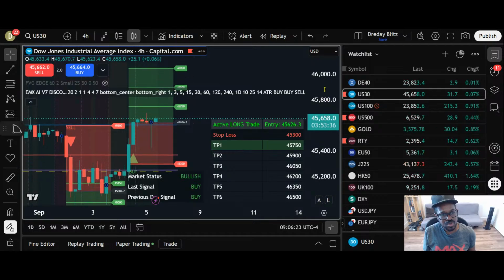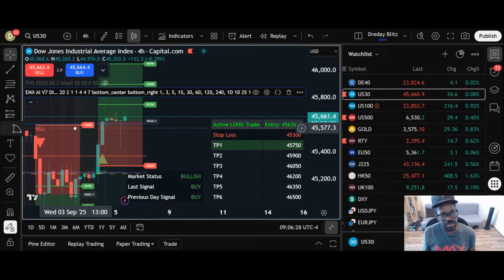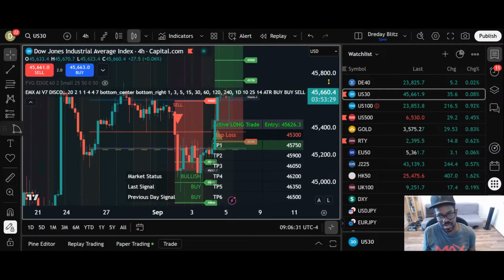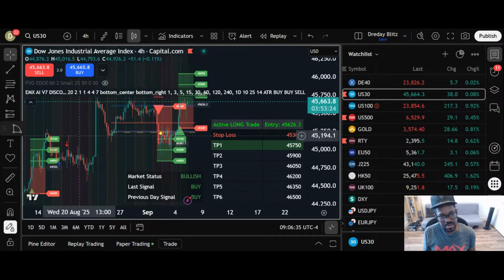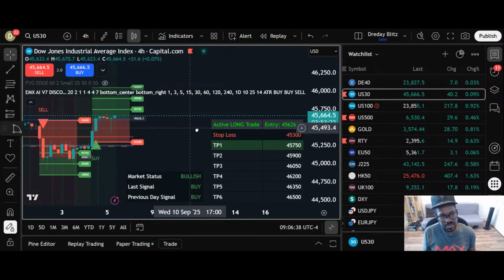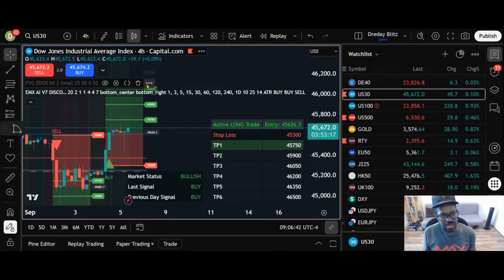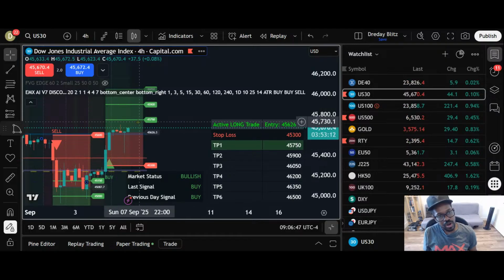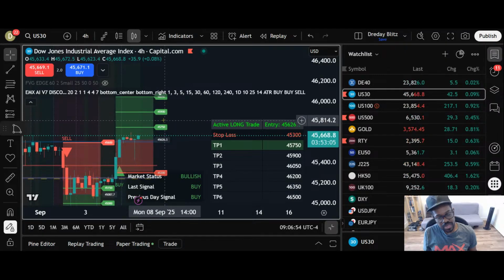So short term, long term, I'm bearish on US30. Maybe it may start to go up and go to that TP1 on the H4, but I would be bearish here overall.